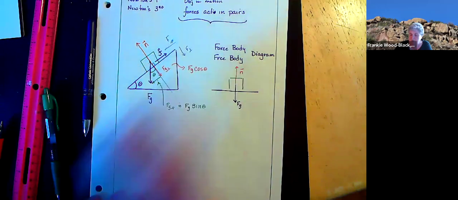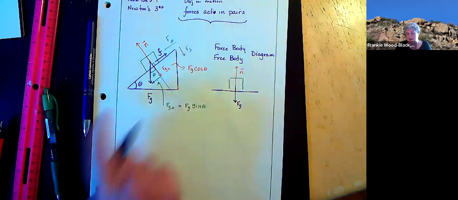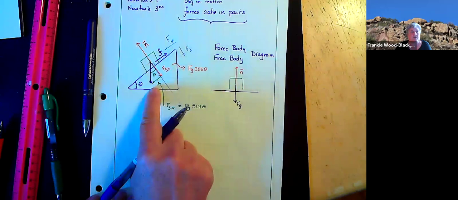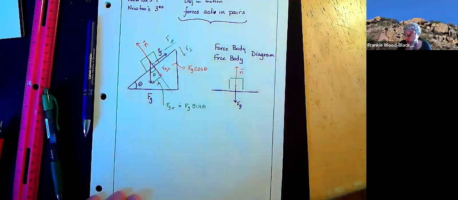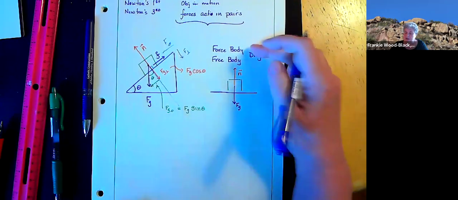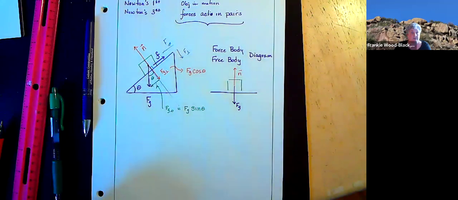And we usually use a script F for our force due to friction. And so now I've drawn a free body diagram for an object on an inclined plane so that we can see where all the forces are. So when we do a force body diagram or a free body diagram, we're drawing in our forces.